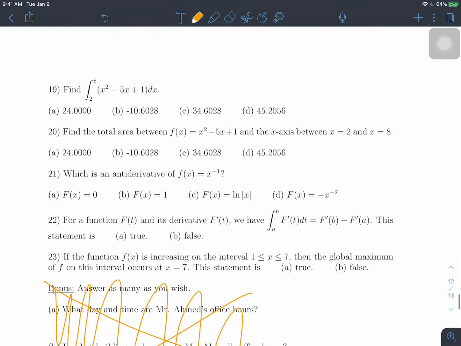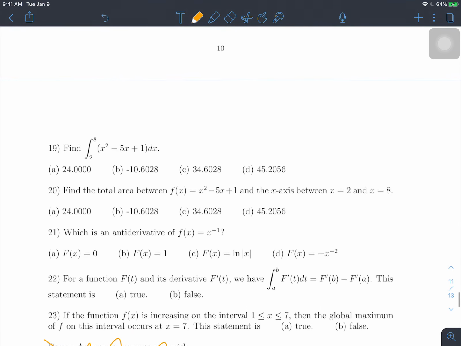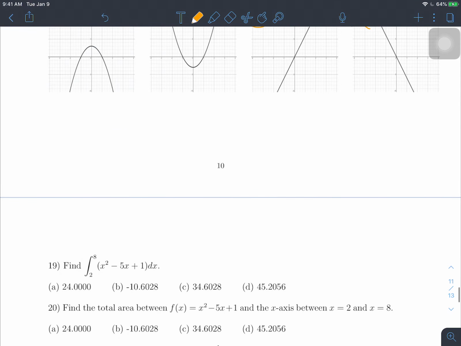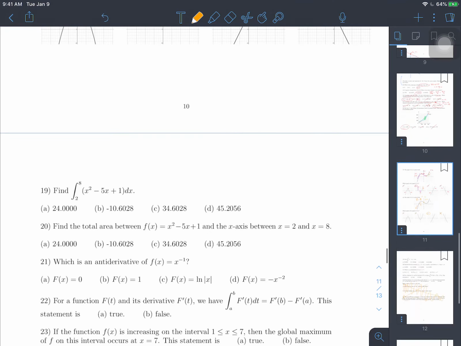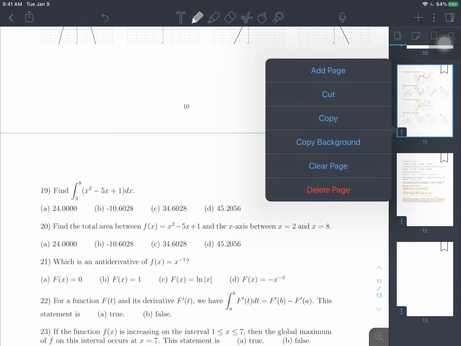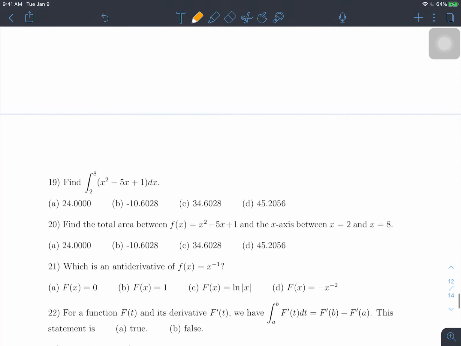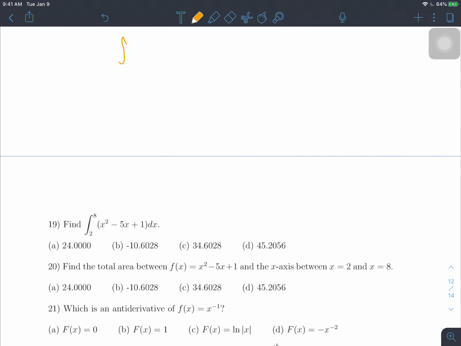Okay. I want to find this integral from 2 to 8 of x squared minus 5x plus 1 dx.